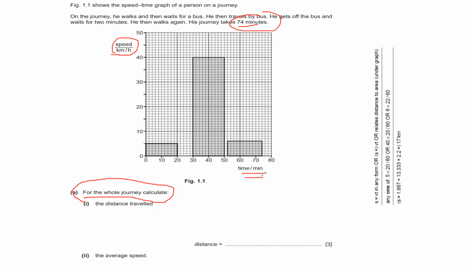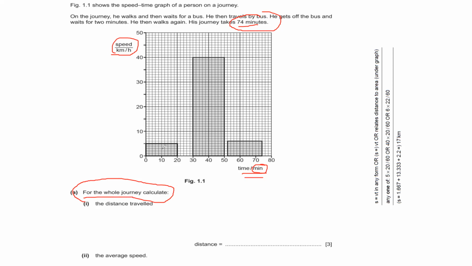So how can we calculate the distance? Distance traveled is equal to the area under the graph. They already shaded the region, but keep one thing in mind here: the speed is given in kilometer per hour and time is in minutes. So whenever we are substituting the time, this time should be in hours as well.